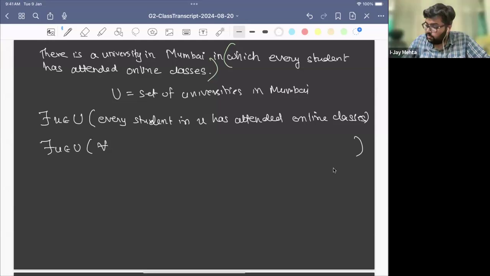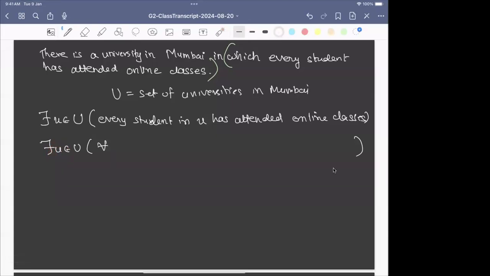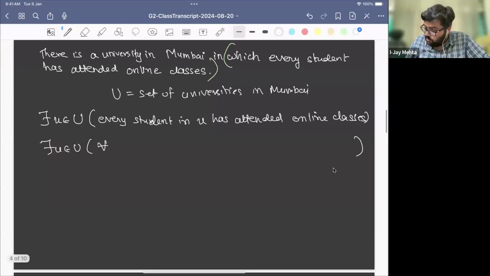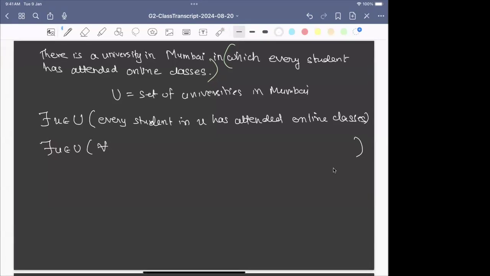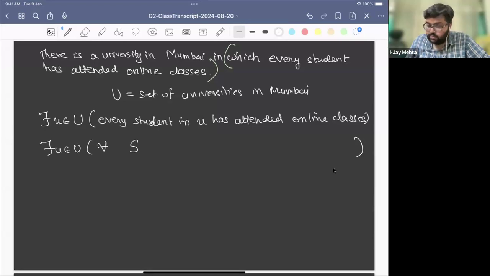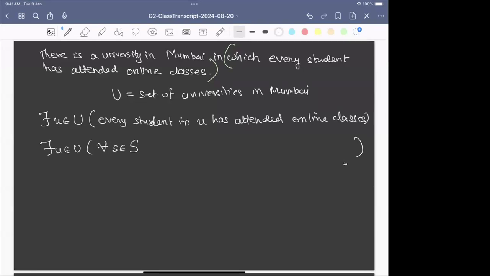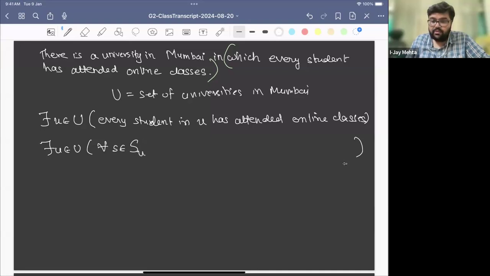U we have already used, U is a university. We can use small o. O is for what? Small s, student in U. So what notation do you want to give for the set? Capital S, student, capital S with suffix u, small u. Yes, very good.